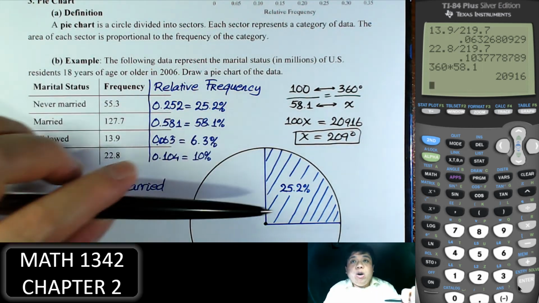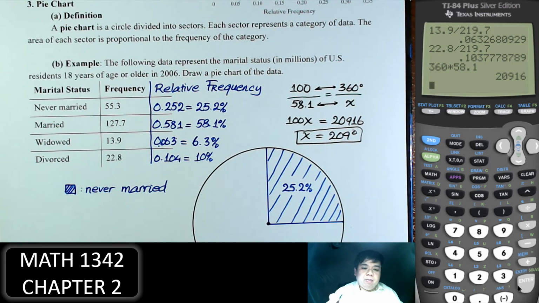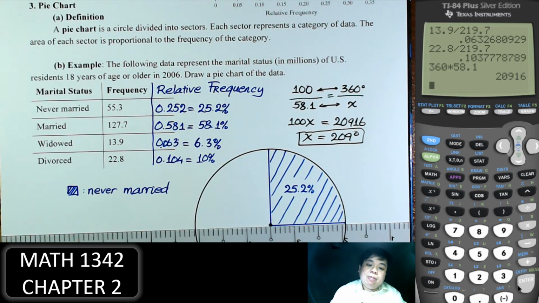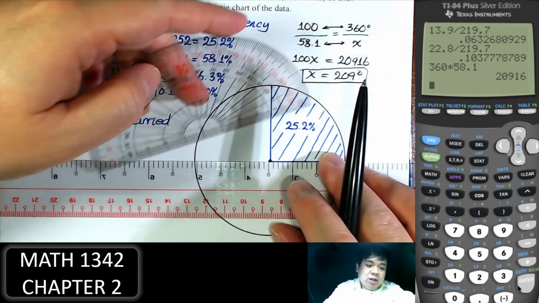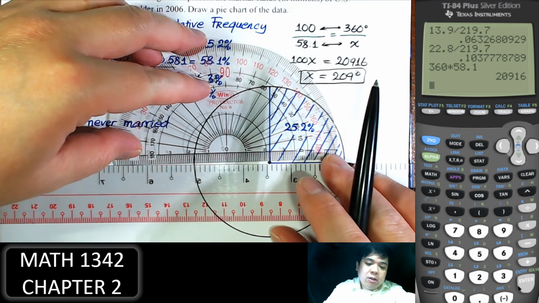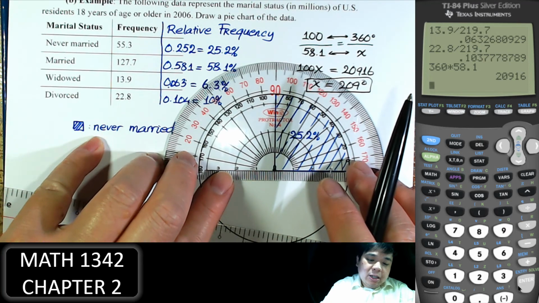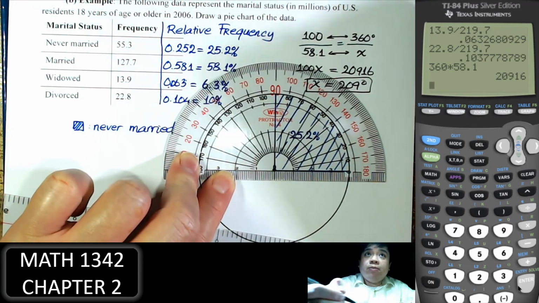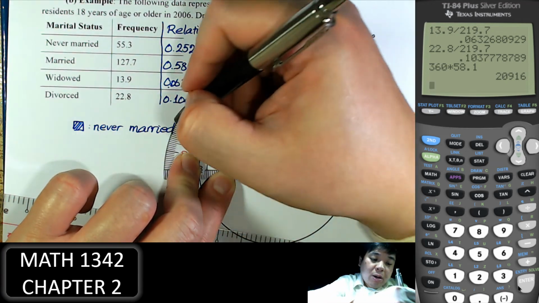Because 100% is 360 degrees, so 1% is 3.6 degrees, and we multiply all of this by 3.6, works out just fine. So again, if we take half of the circle, that will be 180 degrees, right? And then we need about 29 degrees more. So if we want to measure it, about 20.9 more, so about 30.